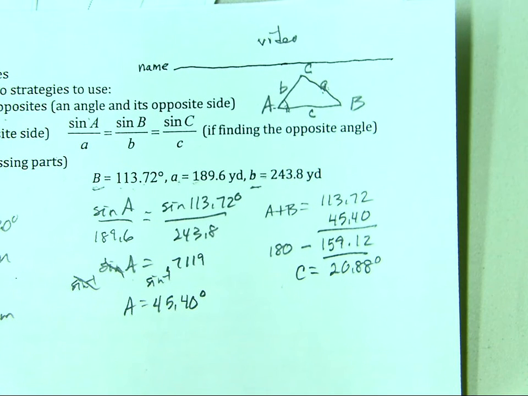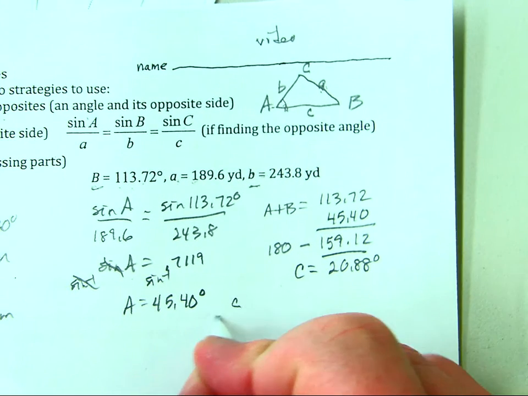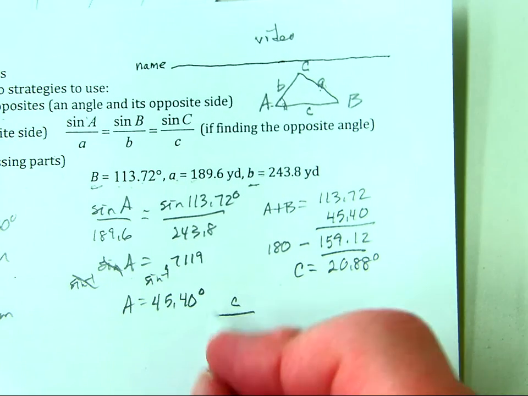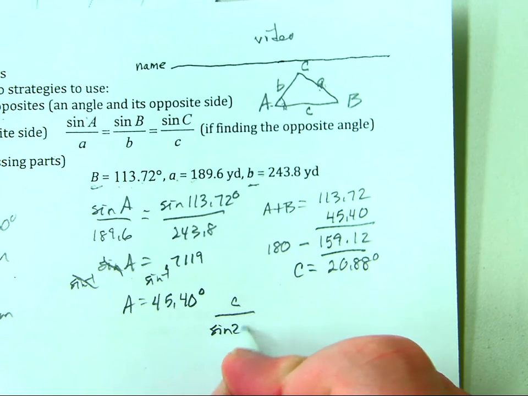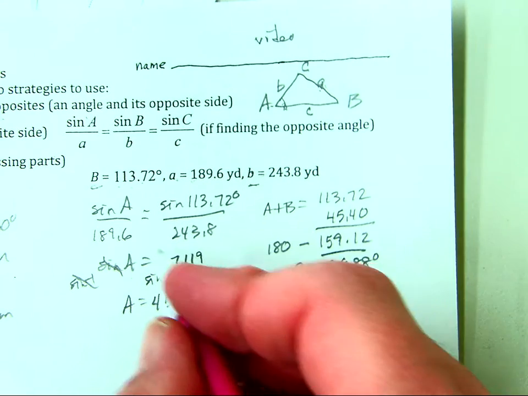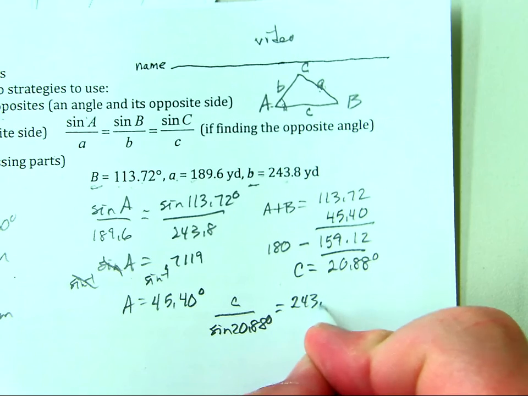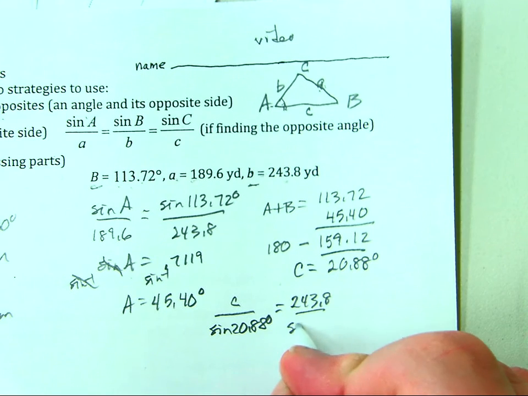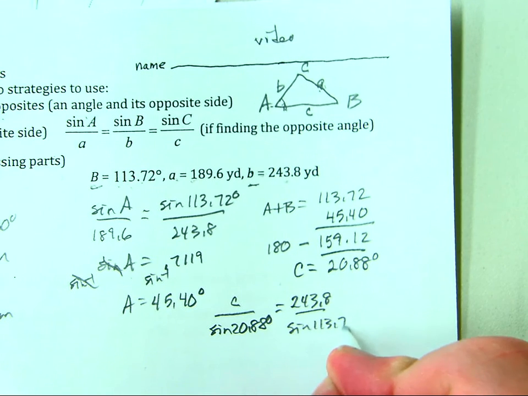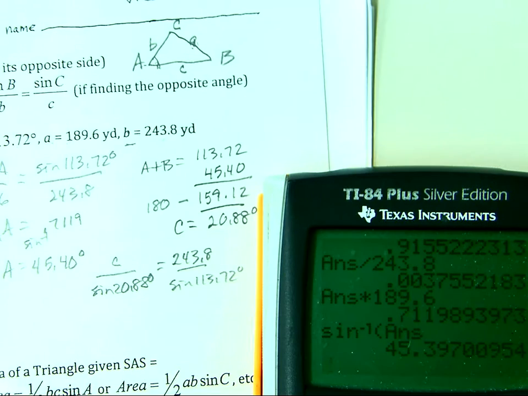Now to find side C, we go back to the law of sines. Now we're trying to find a side, so put the side on top. Sine C over the sine of its opposite angle, which is 20.88. Now the pair we started with, except we're going to flip it over this time because we want the side on top. So 243.8 over the sine of 113.72. And again, make use of your calculator.